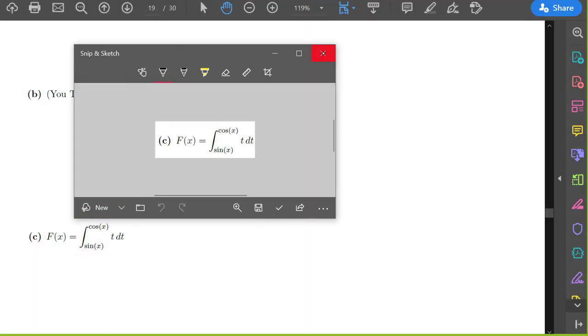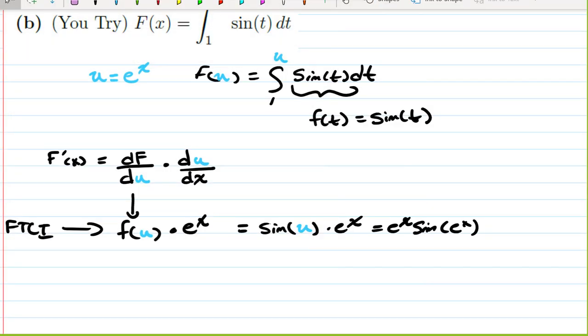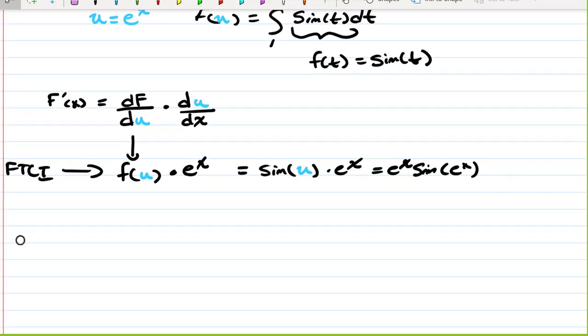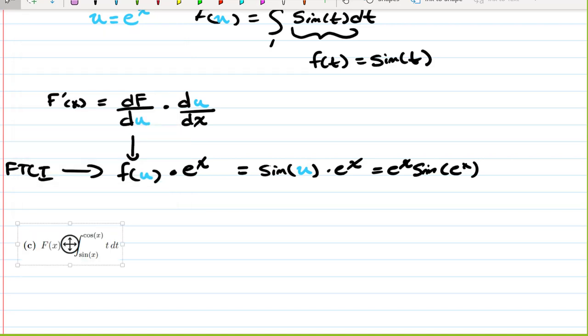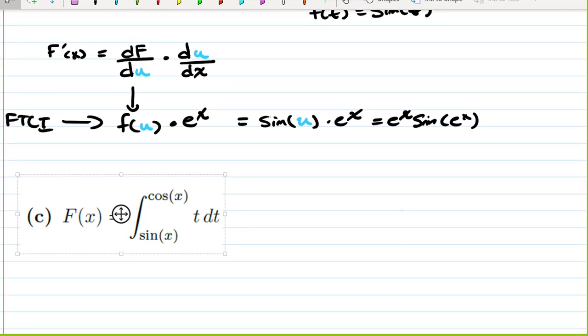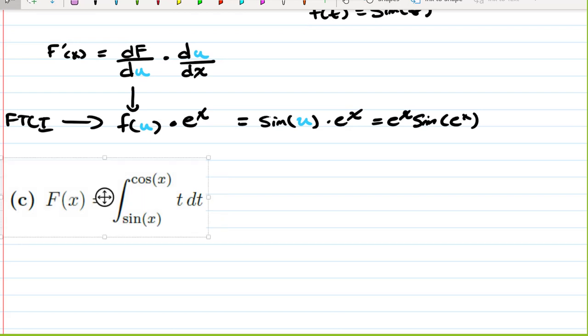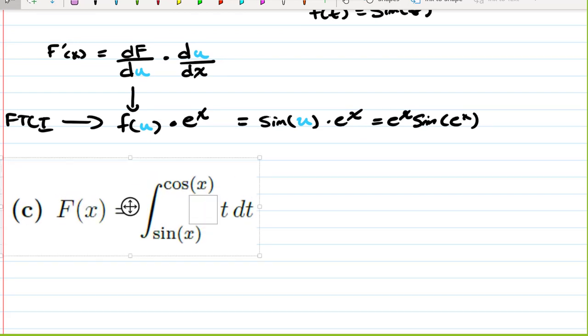So let's take a look at C. C is f of x equal to the integral from sine x to cosine x of t dt.